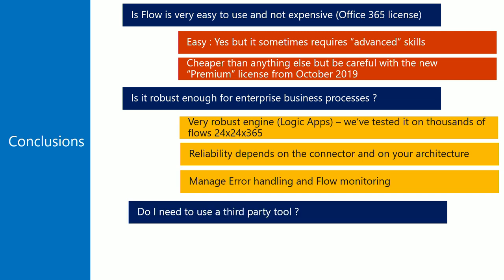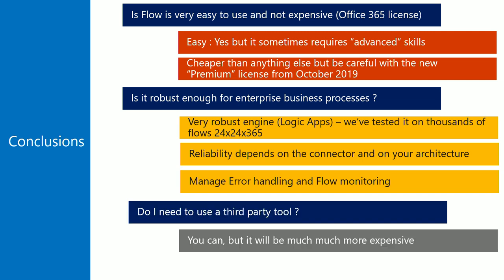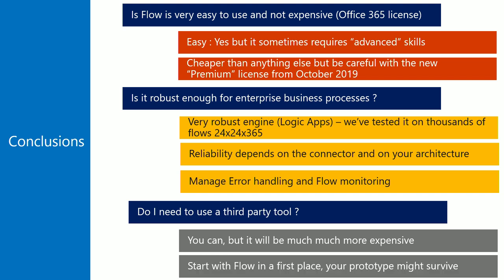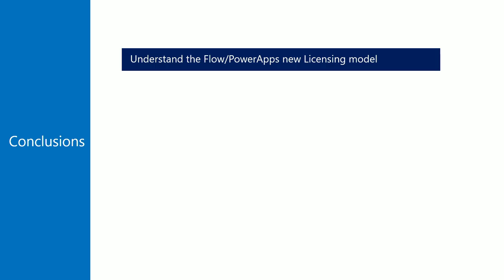Do you need to use third-party tools instead of Flow? Well, my recommendation is, yes, of course you can. It will probably be more expensive. And also, my recommendation is to start with Flow in the first place, and your prototype might survive. Also, understand fully the Flow and Power Apps new licensing model.